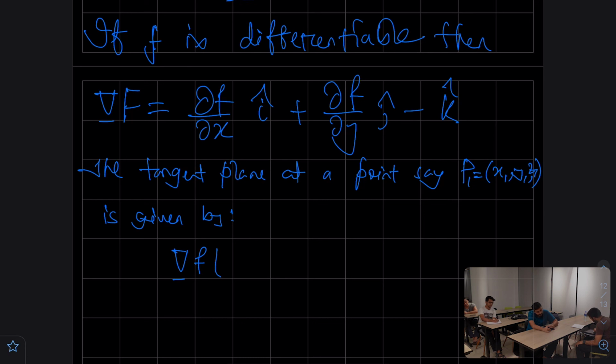At a point P1, the gradient vector dotted with x minus P1. That's the equation of a tangent plane at a point P1.